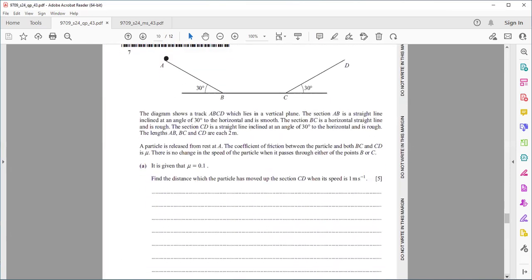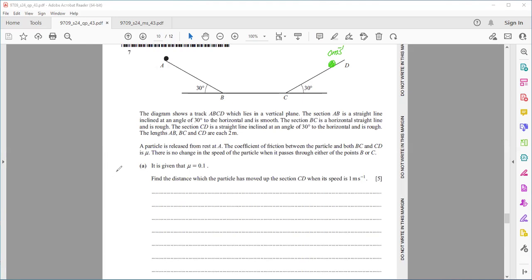Now the scenario is this one. The whole discussion is the same. I will discuss when the particle moves from rest at A to B, then B to C, and then it reaches this point. In this case, it reaches this point, and instantaneous rest means its velocity will be 0 meters per second.